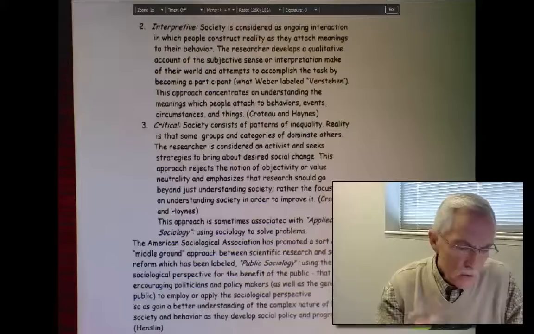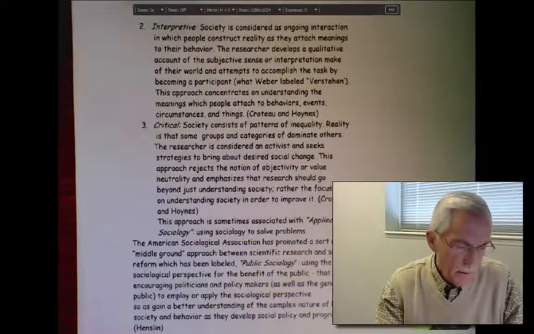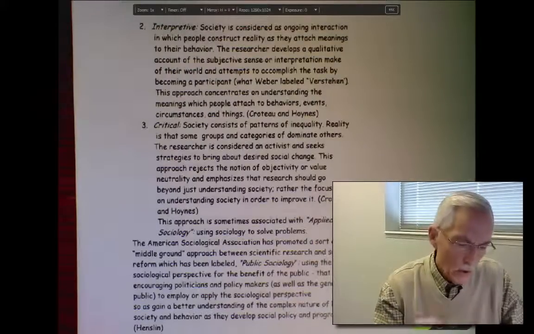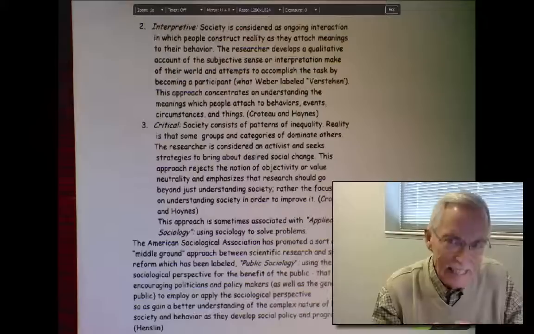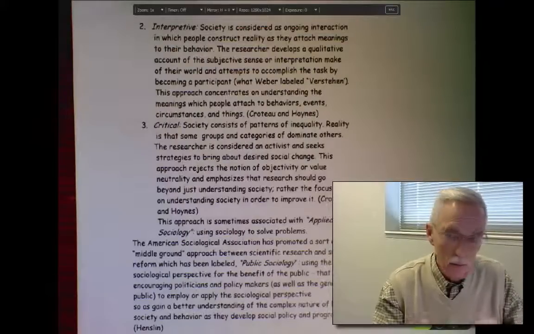Now, each of these approaches is also distinguished by different notions as to what is the most appropriate way to conduct research. Likewise, the 3 disagree as to the goals of the research, that is, what those goals should be.